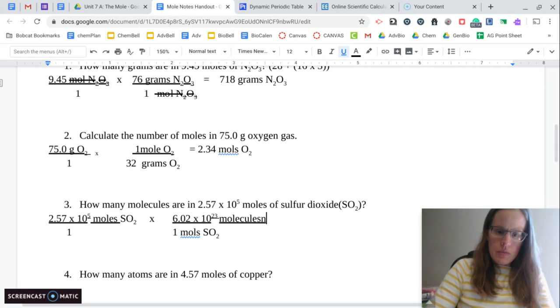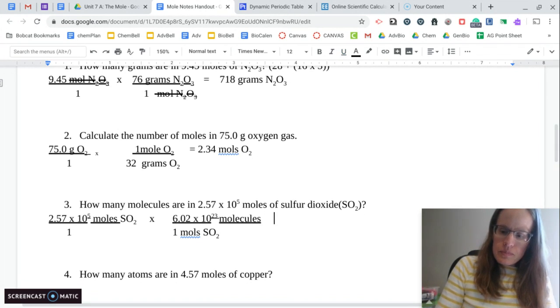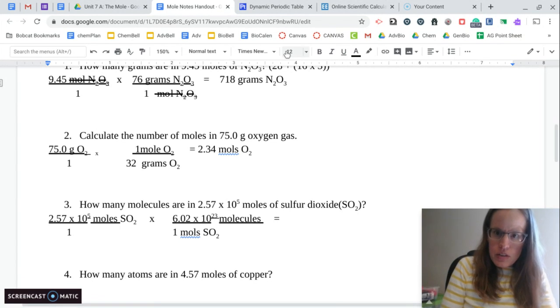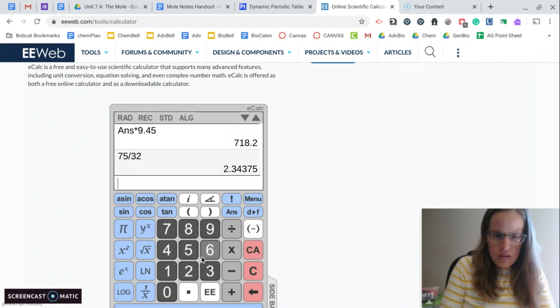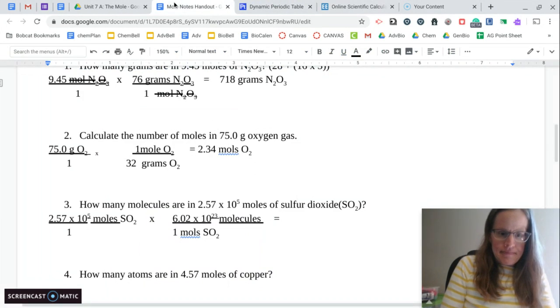Okay, remember, you know how to type this in your calculator already. You're going to use your EE button. Unless you don't have one, then you're just going to have a lot of parentheses. Okay, so I found a calculator with an EE button here. I've got 2.57, and then EE 5.